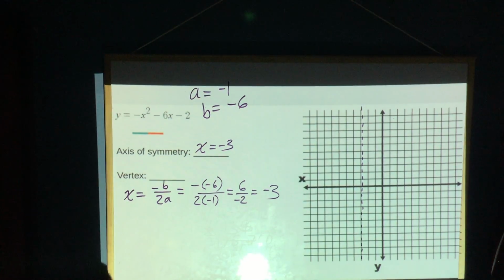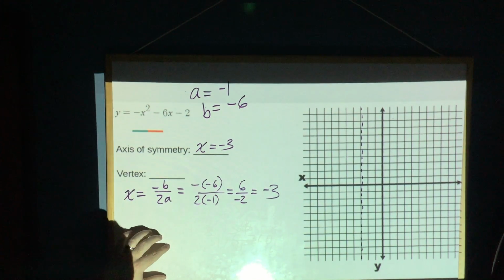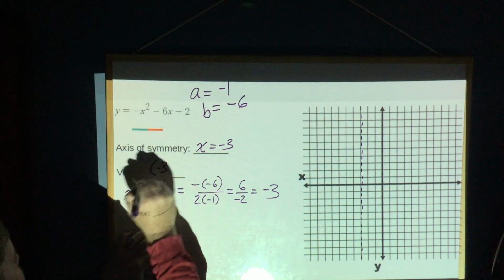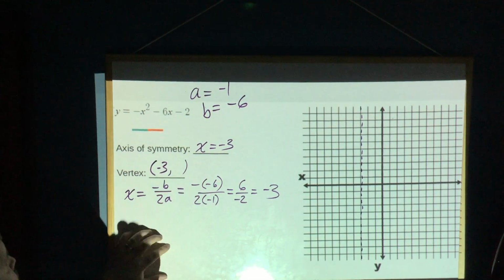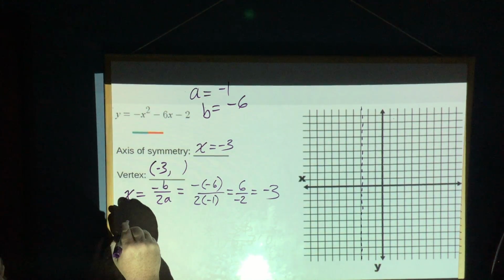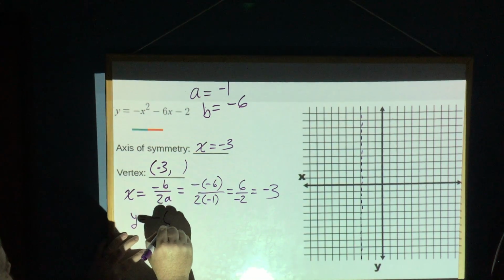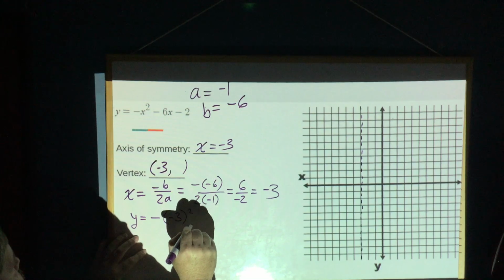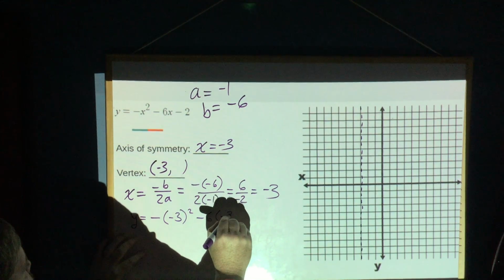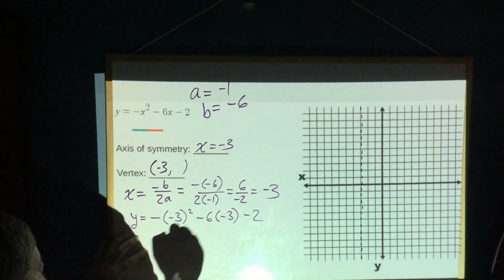Close enough. Now I have to plug -3 back in order to find the y coordinate. Again, I already know the x coordinate is -3. So let's plug -3 into the equation. y equals the negative of -3 squared minus 6 times -3 minus 2.